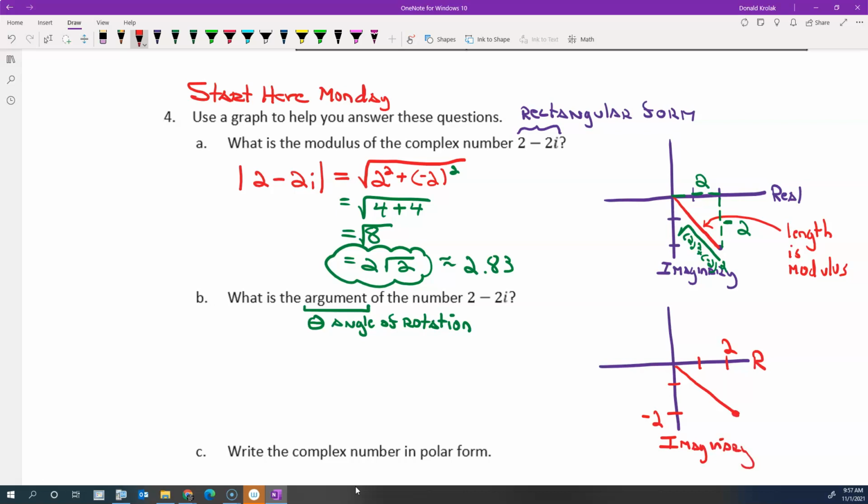Okay, it's located right there. Now, here's the angle that we're looking for. It starts at the positive x, the real number axis, and it goes this way. That's theta. That is known as the argument.